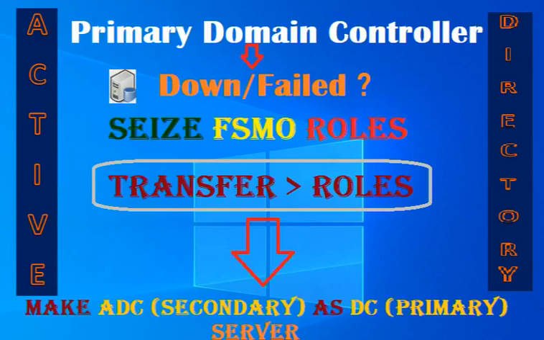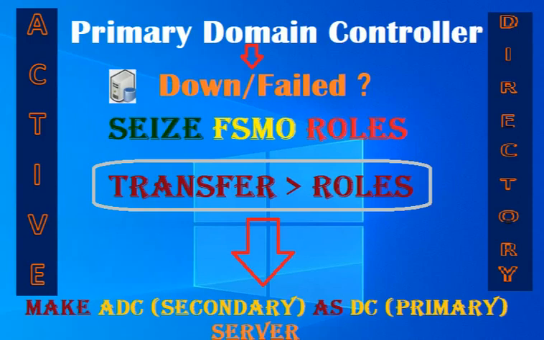In this case you have to seize these FSMO roles from the DC server which was holding the roles, and transfer them to the ADC server. So in this case we'll seize the FSMO roles.